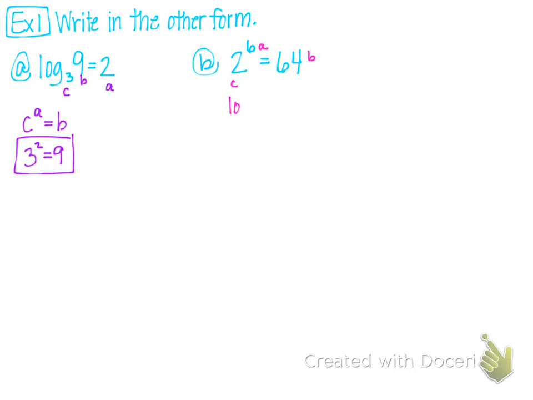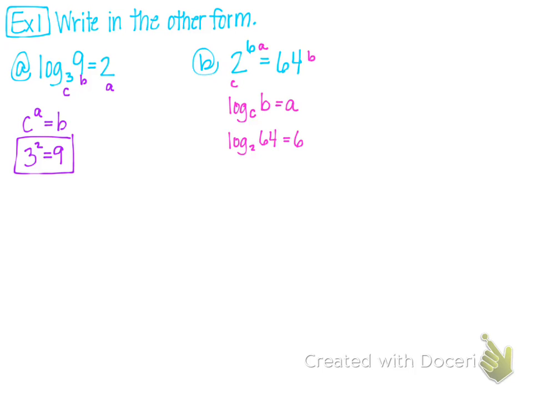So we want log base C of B is equal to A. From this, we get log base 2 of 64 is equal to 6.